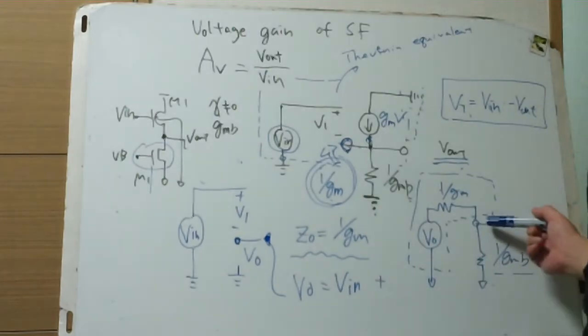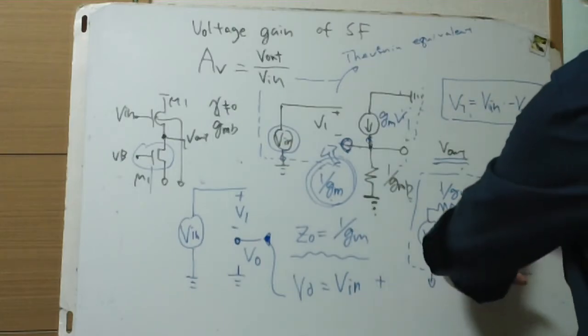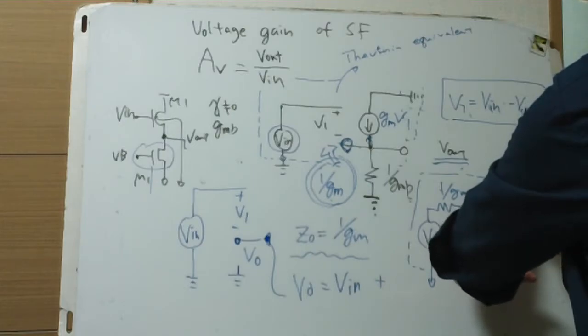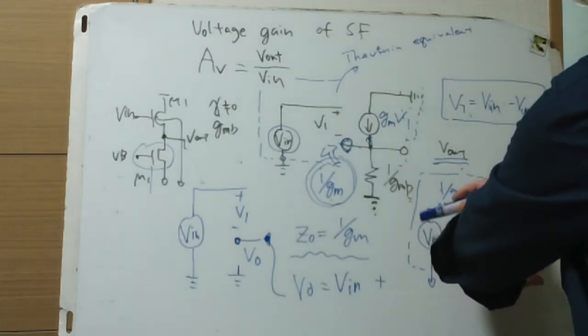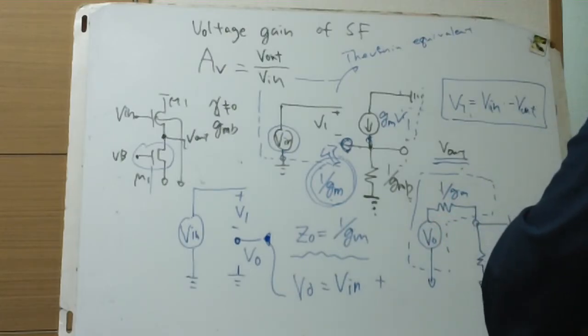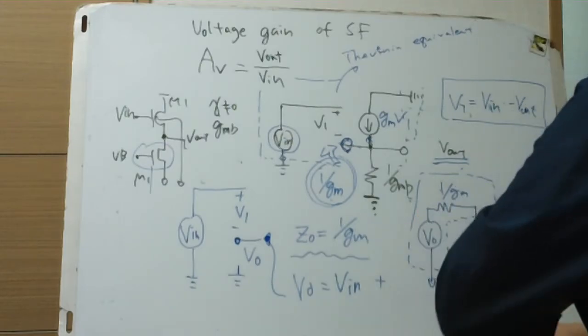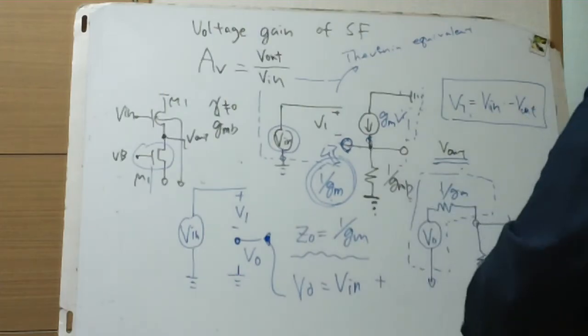So looking, this voltage is V out, but open voltage, just opened, and this is V out. Open V out. And surely the 1 over GM is the RO.